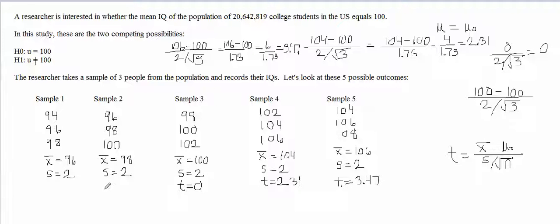I could also calculate these other two t-scores with you, but they're just going to come out to the negative versions of these two numbers because this one will be 98 minus 100 on top, which will be a negative 2. Wait, actually they won't come out exactly the same because this is 4 and then this is 2. So maybe I'll make them the same distance from 100.